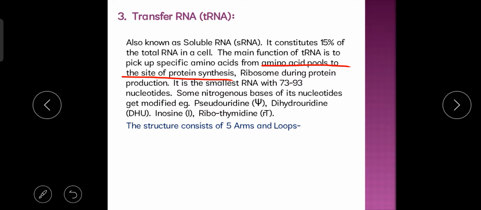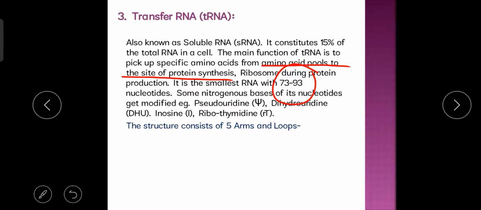Okay, so remember, the transfer RNA is the smallest RNA among all RNAs. Among all means among the messenger and ribosomal RNA. This is the smallest RNA. Why? Because it only contains 73 to 93 nucleotides, that means nitrogenous bases, in its structure.